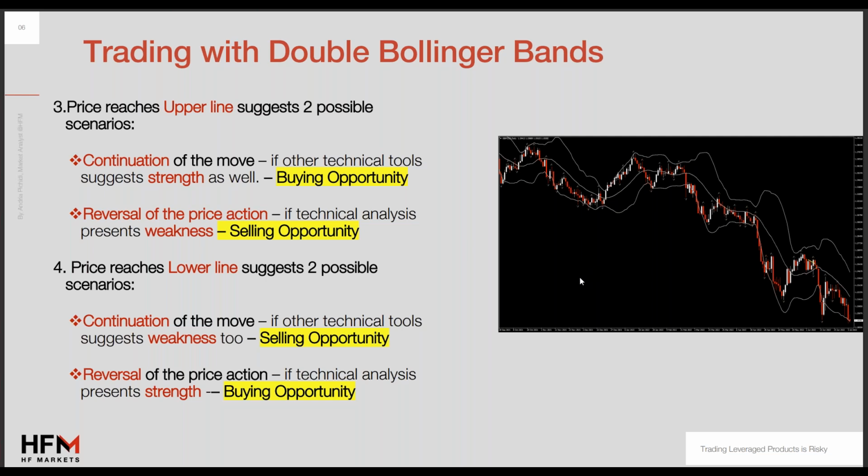The same stands for the lower line. It could indicate a continuation of the move lower if it's also consistent with other technical tools, or if we see consecutive bearish candles, lower lows, and the Bollinger Band line extending lower. You see, extending lower.